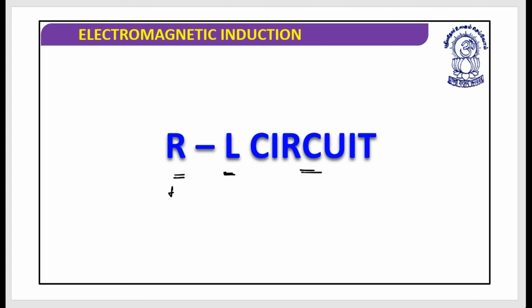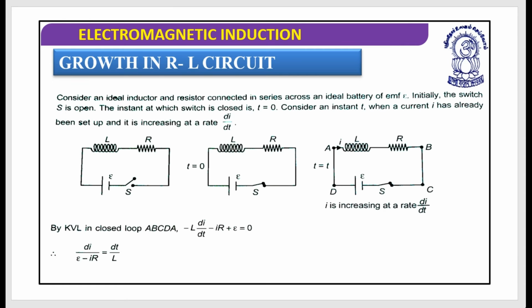Now let's switch to the RL circuit. This is a resistor-inductor circuit. So let's work on this. Initially we are going to see growth in the RL circuit. Let's consider that an ideal inductor and resistor are both connected in series across an ideal battery having EMF E. Initially, as you can see, the switch S is open.